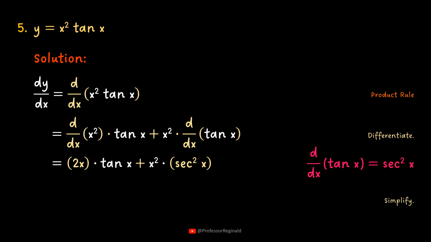Simplify the derivative by factoring out a common factor. Therefore, the derivative of y with respect to x is equal to x times the quantity 2 times the tangent of x plus x times the secant squared of x.